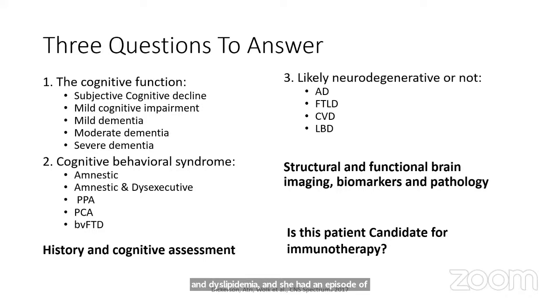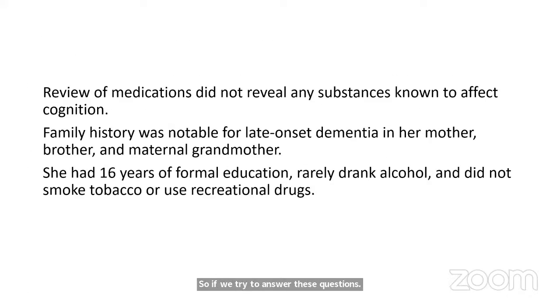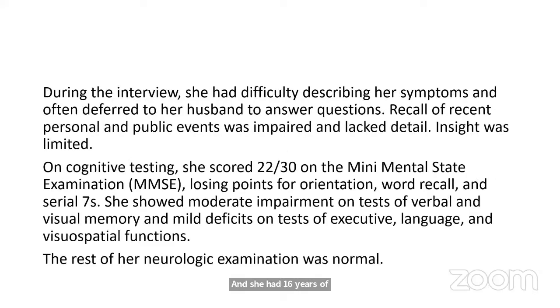So if we try to answer these questions, review of medications did not reveal any substances that are affecting cognition. Family history was notable for late onset dementia. And she had 16 years of formal education. She rarely drank alcohol, no smoking. During the interview, she had difficulty describing her symptoms, often deferring to her husband to answer questions.